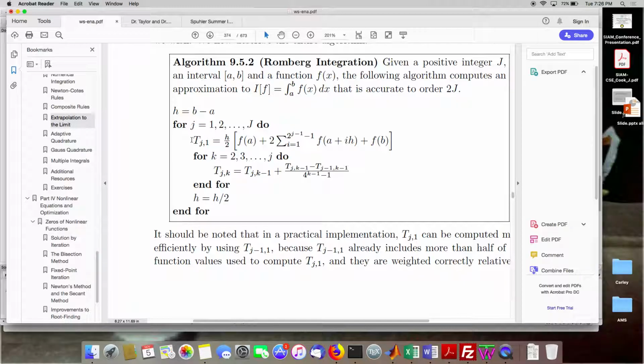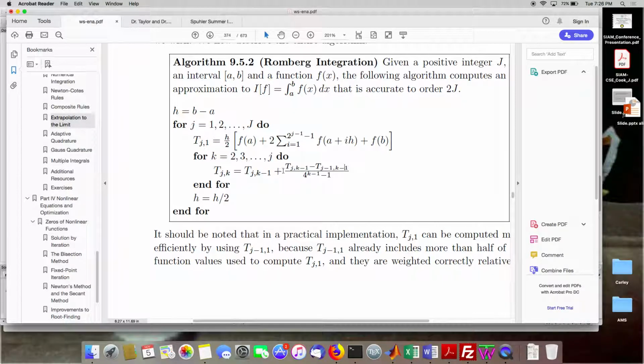So I'm filling in the first column of my table. Notice the 1 here is the second index, with just trapezoidal rule approximations, with spacings h, h over 2, h over 4, however many I want to do. Then, as I get these approximations, I can start performing extrapolation.